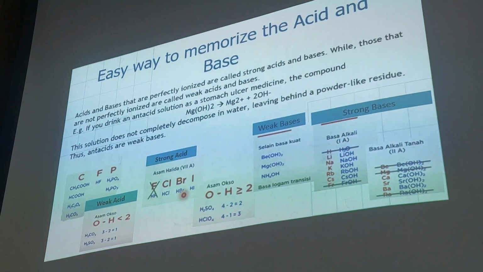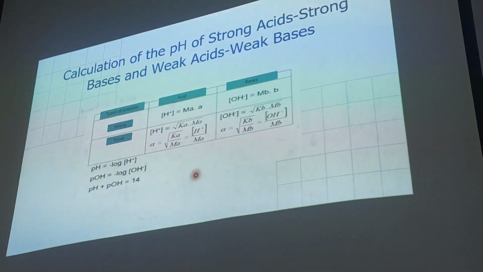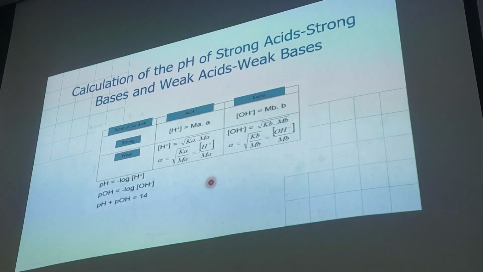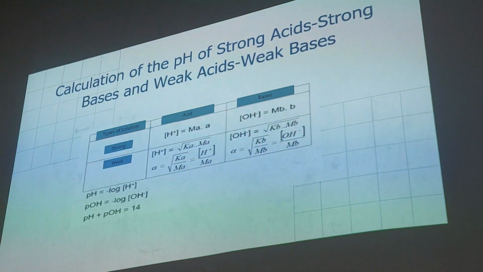Chlorine, bromine, and iodine. The ionized formula, how can I say it?